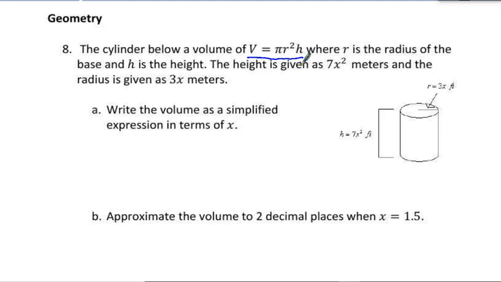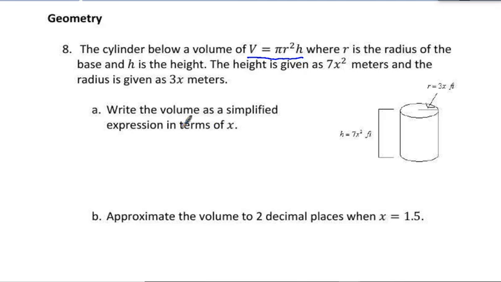You're going to define r as the radius of the base, which is a circle in shape, and h is the height of the cylinder. They tell us that the height is going to be 7 times x squared meters, and the radius is going to be 3x meters. And we've shown that on the picture as well here.